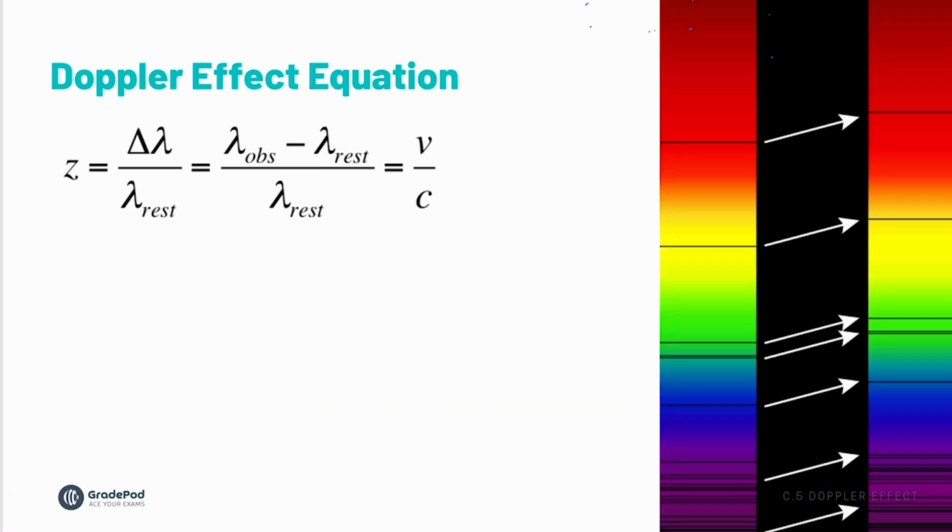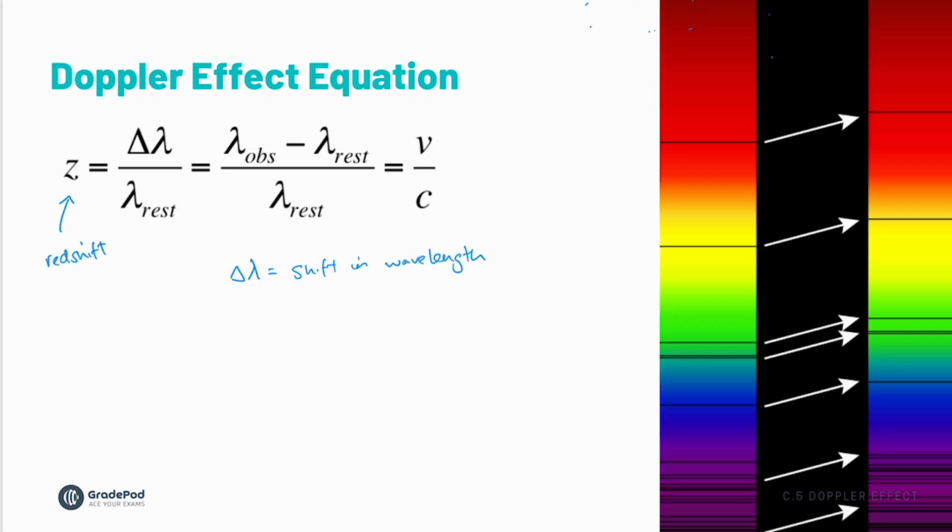When we're looking at electromagnetic waves, we do have a Doppler effect equation that measures the amount of redshift or blue shift that an object has. And this redshift equation is pretty intuitive. Delta lambda is equal to the shift in wavelength.